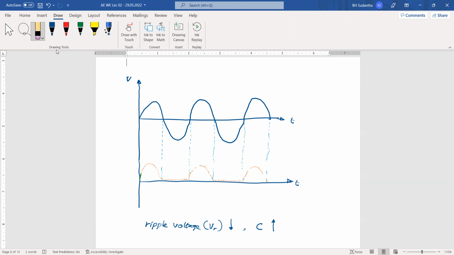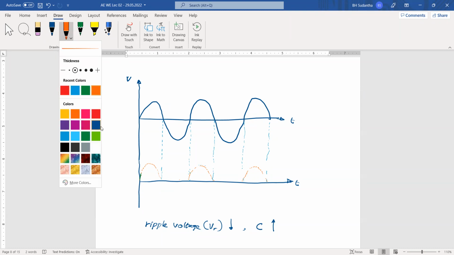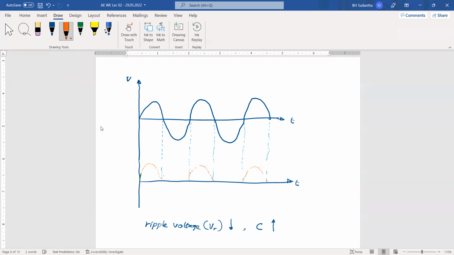Okay. Here, what do we expect? During the positive half cycle also, we'll have this voltage. This is what we are receiving without having a capacitor.